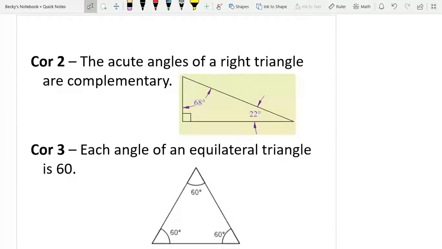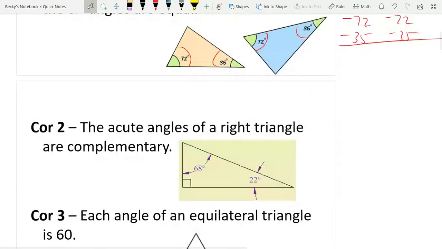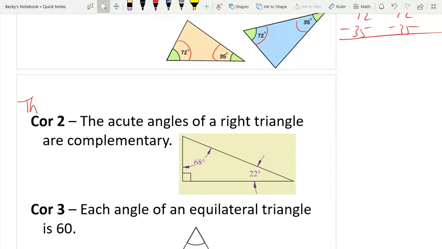Again, you can't just say on your proof corollary 2, because if you look back, theorem 17 has a corollary 2, theorem 19 has a corollary 2. So we have to say theorem 20 corollary 2, right?